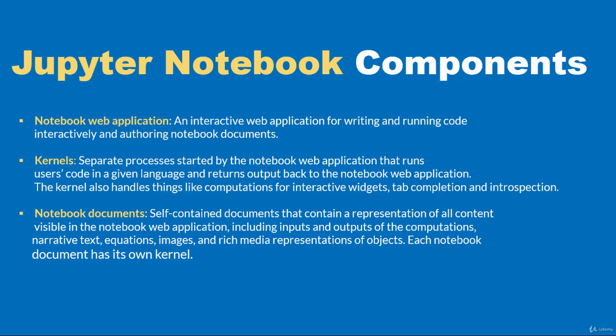It also includes narrative text, equations, images. It can also include videos, rich media representation of objects, and each of the notebook documents has its own kernel. So there is a kernel for Python, there's a kernel for other programming languages as well.